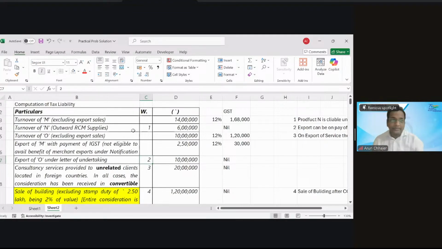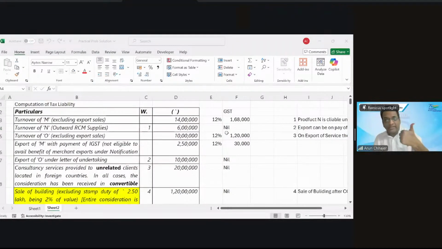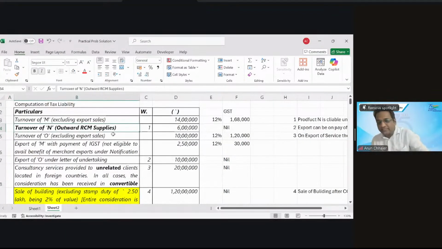Quickly tell me. See, export supply, okay. RCM liability to be paid in cash, okay. Tell me, sir, what is the use of this information?